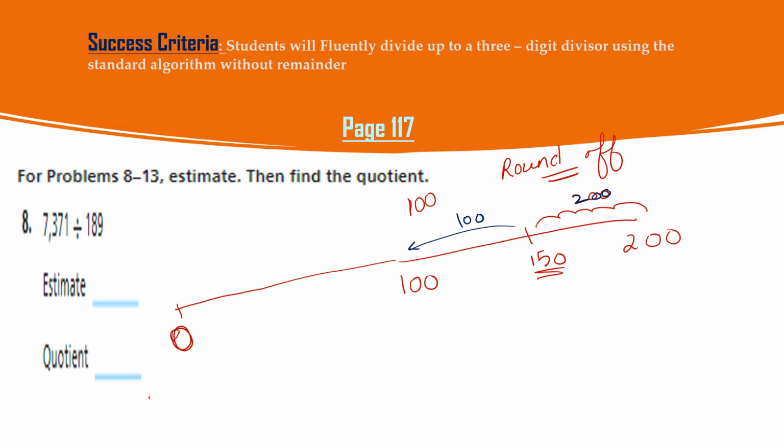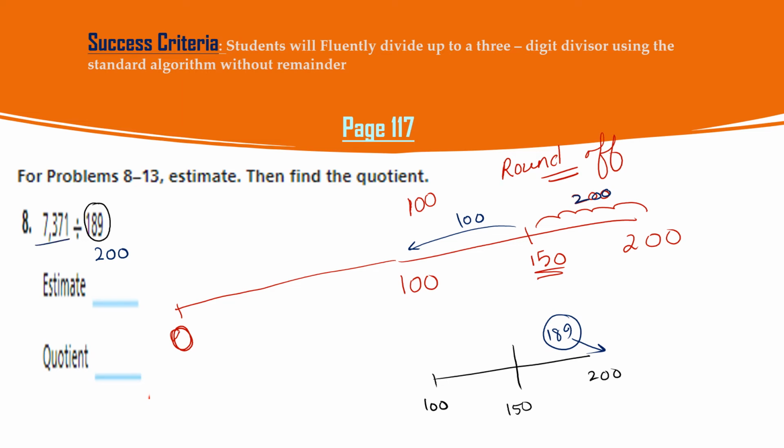So for example, here 189, right? 189 is between 100 and 200, and the middle of 100 and 200 is 150. Now 189 is here, which means it is near 200. So 189 will be estimated to 200.